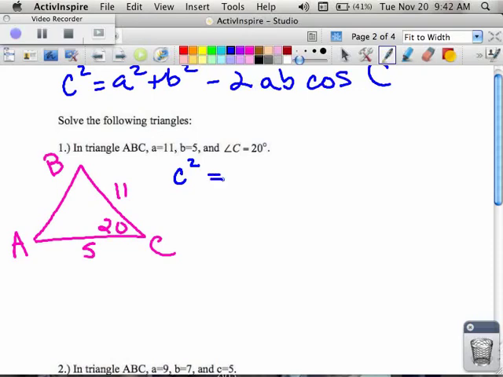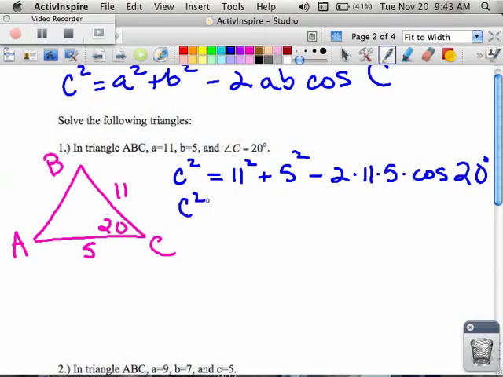And then that's equal to little a, which is 11 squared, plus little b, which is 5 squared, minus 2 times the a times the b times the cosine of angle C. Make sure you're in degrees. When you type in this whole slew of stuff in degrees into your calculator, you will see that your c squared is equal to 42.63.